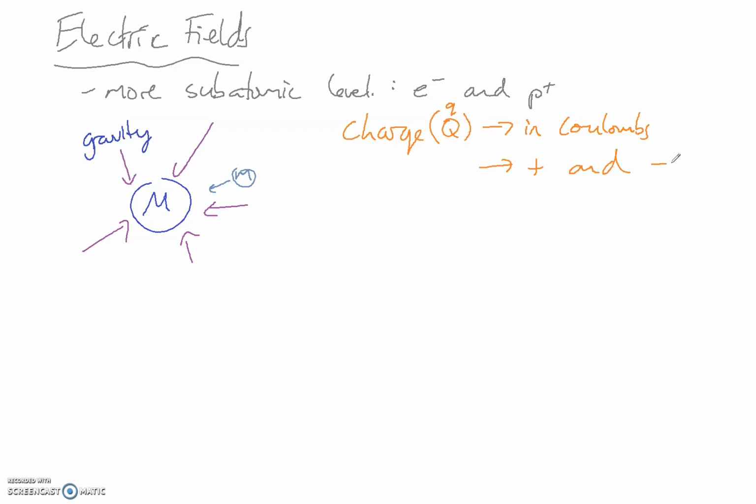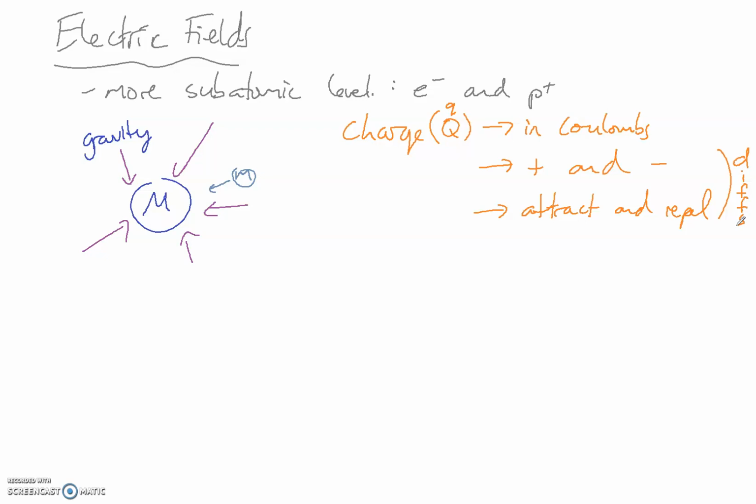Well, in electric fields, they can attract or repel depending on whether they're positive or negative. So here we have positives and negatives. They can attract and they can repel. And these two things are probably the two biggest differences between the gravitational field stuff you guys have done and the electric field stuff: the two types of charges, and attracting and repelling. So that's where the key differences kick in between the two.